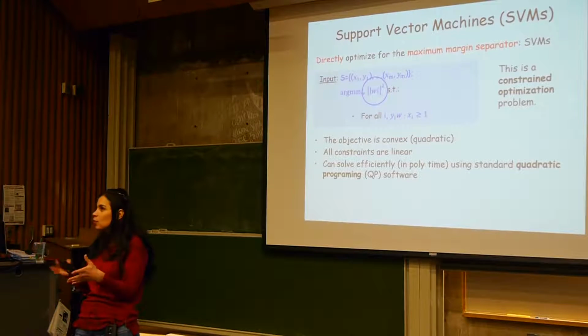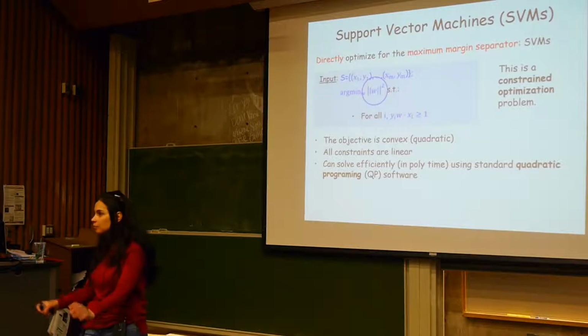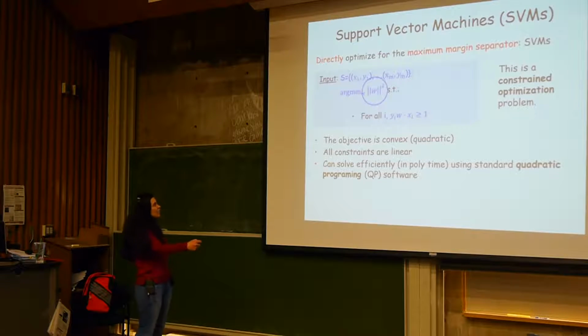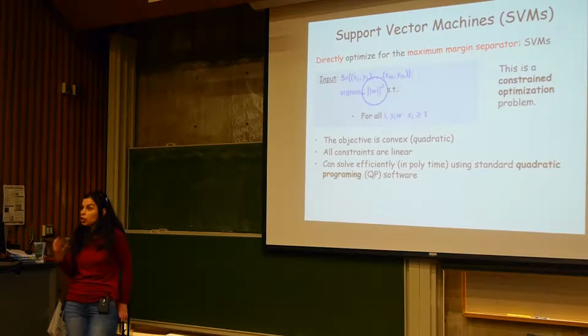And if you expand that out, that will be the sum of W1 squared plus W2 squared plus and so on, right? We only contain quadratic terms. Yeah? I was asking a very simple question. Okay, so that's a quadratic objective, and all the constraints are linear, and it turns out that such an optimization problem is actually convex, and we can solve it. Okay, which is nice.